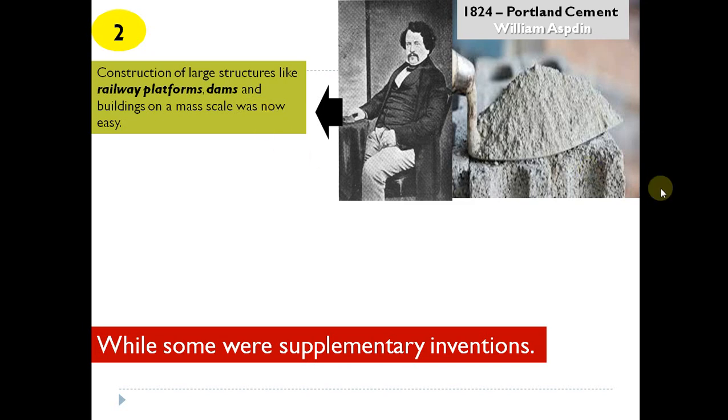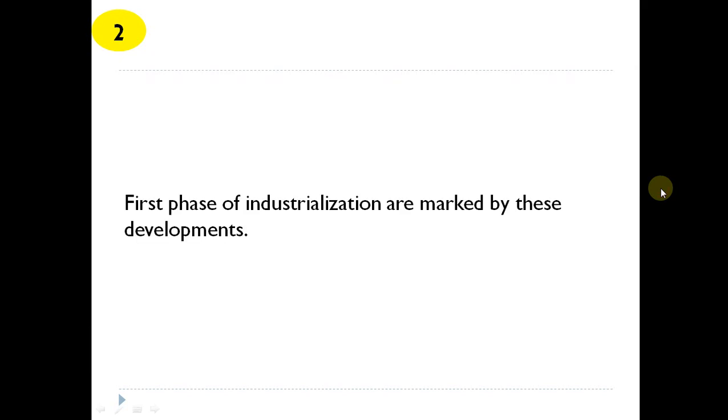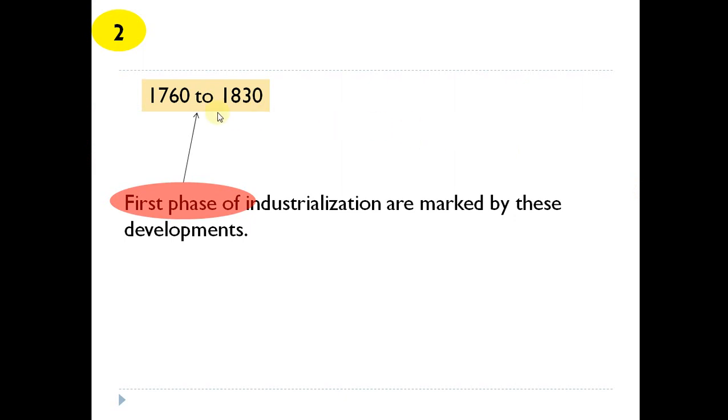These and many other such inventions occurred during this period, which increased the real wages of England manifold. So this is considered the first phase of industrialization. It spans from roughly 1760 to 1830. This is a debatable span of time.